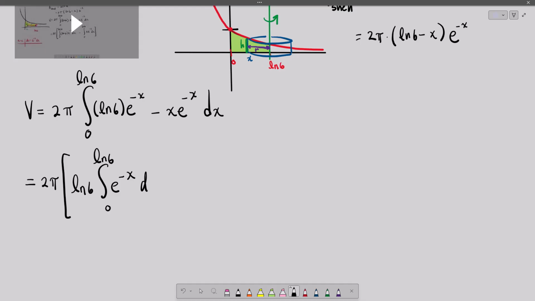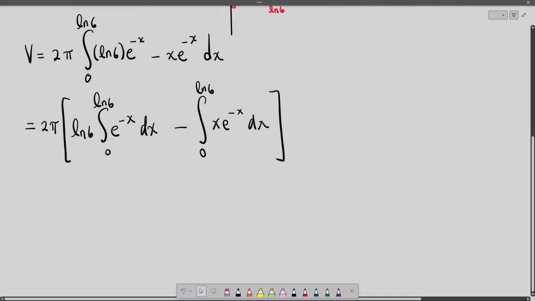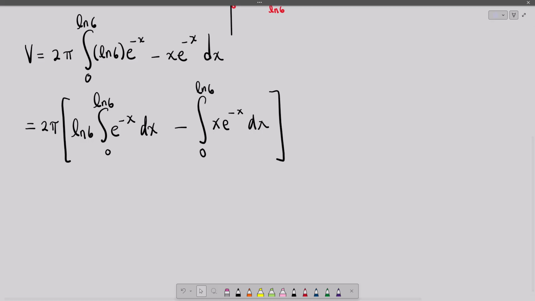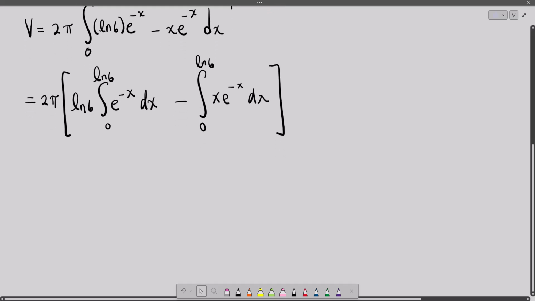Okay, so we have that integral, and then minus, all right, this integral is also 0 to natural log of 6, x e to the negative x dx. Okay, so this time we're going to have the brackets with the 2 pi, and I'm going to leave the minus on the outside just so we can see an example where we're not going to try to think ahead and avoid the big brackets thing.